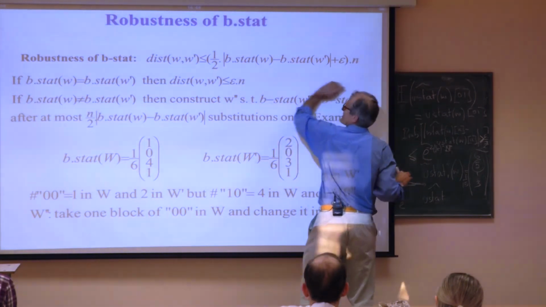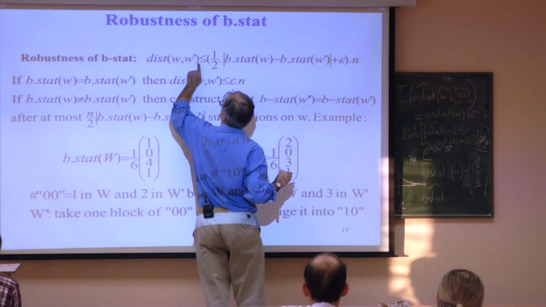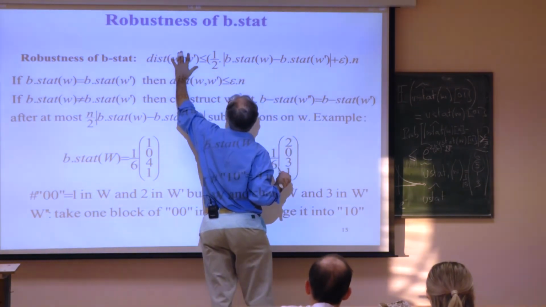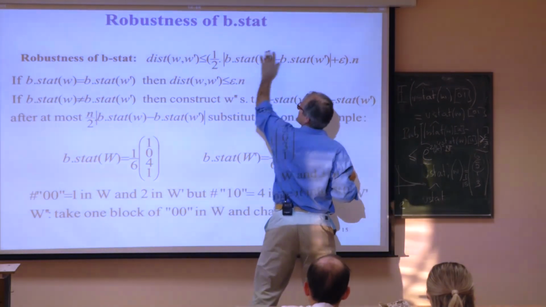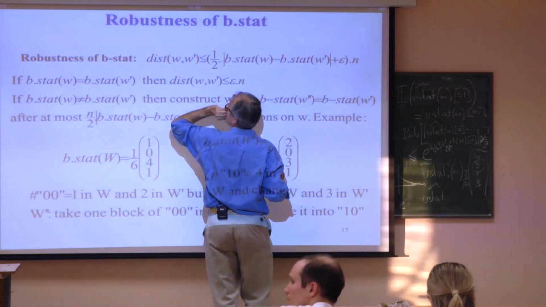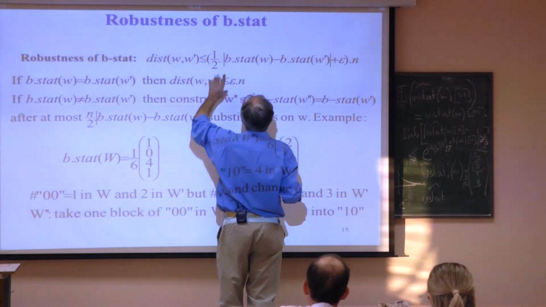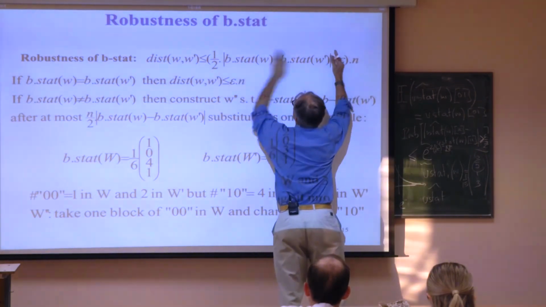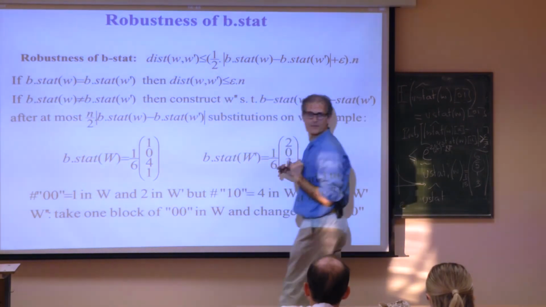I think the n here comes from the fact that you're looking at the absolute value, so this n should be here for the relative distance. So the robustness means that if the statistics are close, if this is small, then the distance is small.